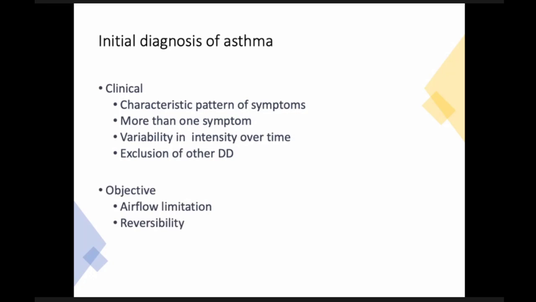Having suspected asthma on the history and the physical examination, the second step is to objectively confirm it. How do you objectively confirm? That also comes in two steps. As you already know, asthma is an obstructive airway disease, so you have to show objectively that there is airflow limitation, and that this airflow limitation is reversible.